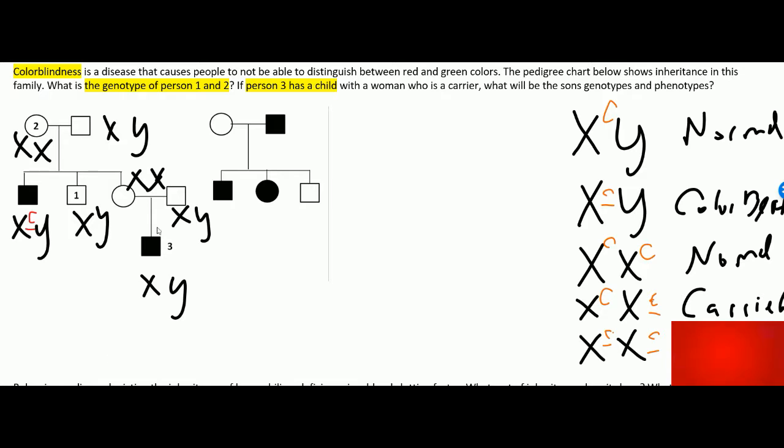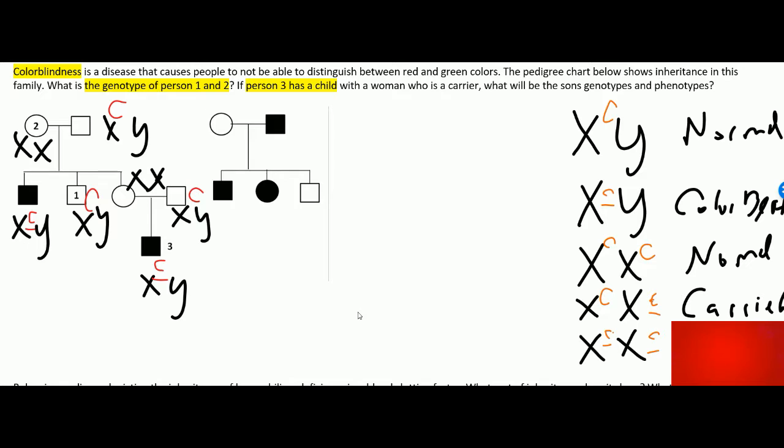Versus this boy right next to him, his brother, who is unaffected, so he has to have that uppercase C. And for dad, we know because he is unaffected, he also has to have that uppercase C. And for this dad here, we also know that he has to have the uppercase C. Versus individual number 3, who does have the colorblindness, this one has to have the lowercase c. There's no other option for him.